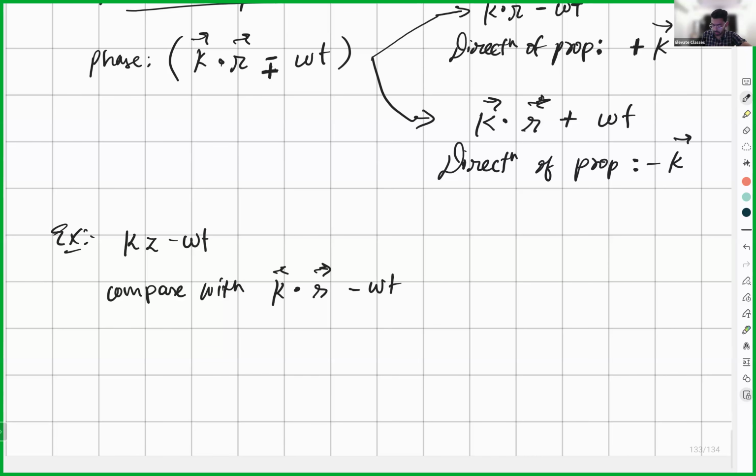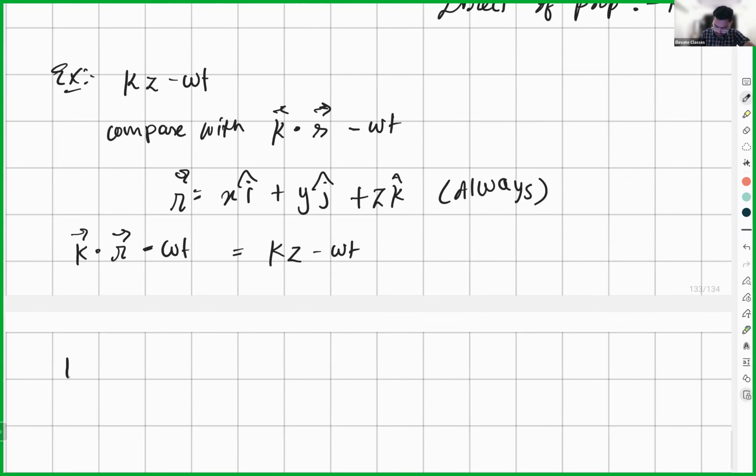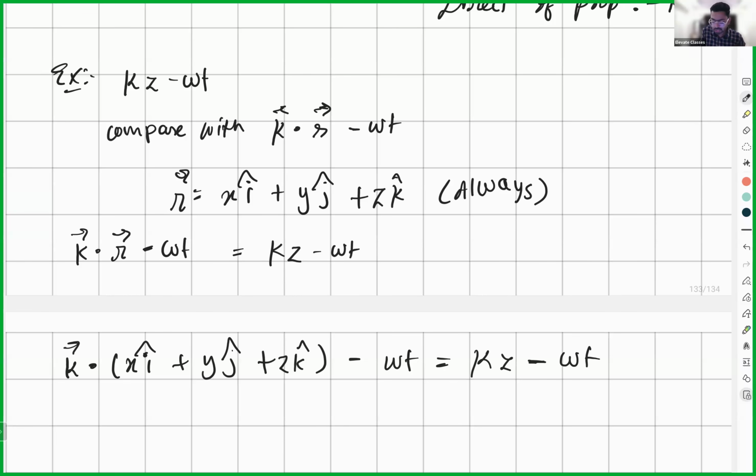The r vector will always be, in Cartesian coordinates, x i cap plus y j cap plus z k cap. So if I write k dot r minus omega t as kz minus omega t, then I can make k dot (x i cap plus y j cap plus z k cap) minus omega t equal to kz minus omega t. That was given to me.